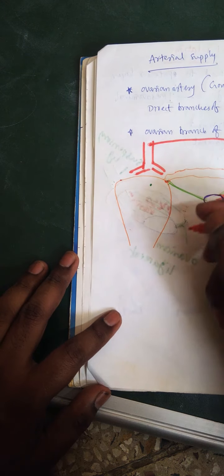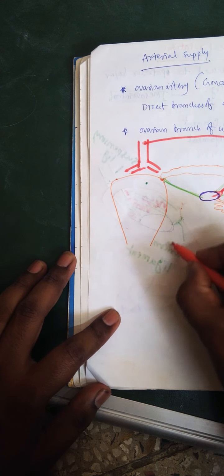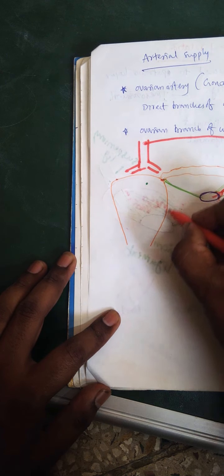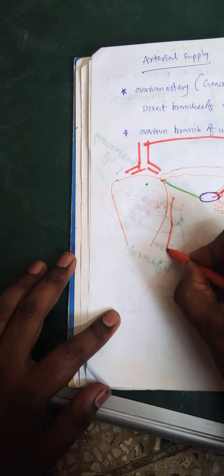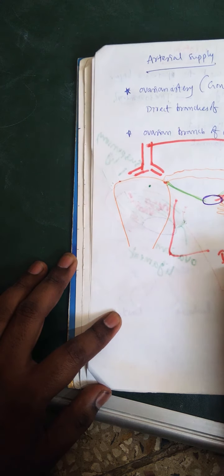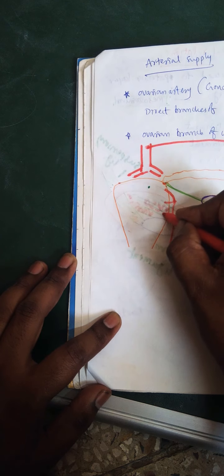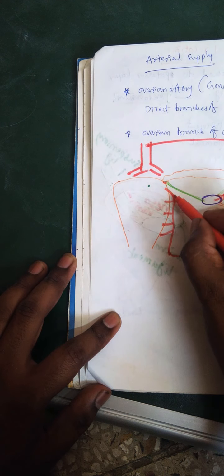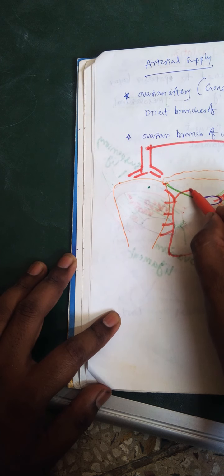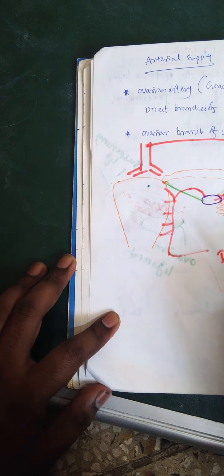And from the internal iliac artery, the uterine arteries come and supply the uterus. The uterine artery comes from the internal iliac artery, and after giving branches to the uterus, it also gives a small branch to the ovary, which is called the ovarian branch of the uterine artery.